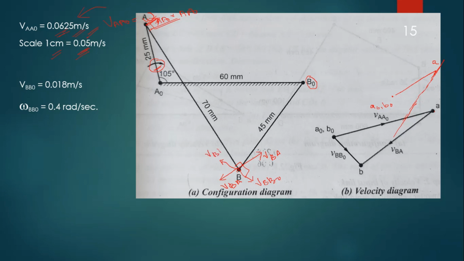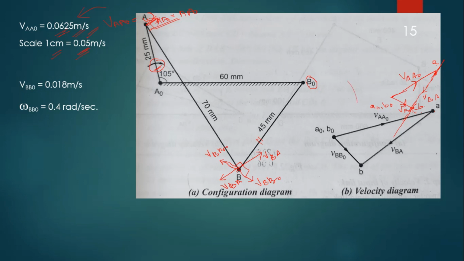So we have to draw a line perpendicular to this B naught from the fixed point B naught, and this is the cutting point called B. This is the velocity of A with respect to A naught, this is the velocity of B with respect to A, and this is the velocity of B with respect to B naught, right? The arrow mark towards B, that is why this is velocity of B. Here the arrow mark towards A, that is why it is the velocity of A.